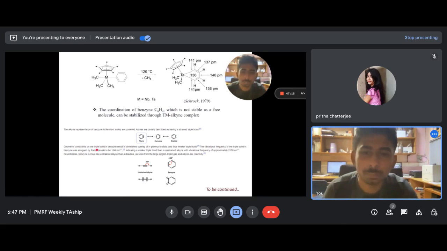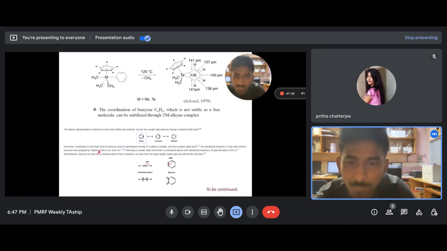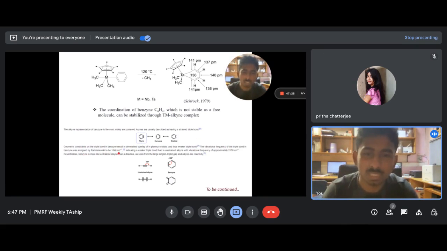Geometric constraints on the triple bond in benzyne result in diminished overlap of in-plane pi orbitals, thus a weaker triple bond. The vibrational frequency of the triple bond in benzyne was assigned by a famous scientist to be 1846 centimeter inverse. That is indicating a weaker triple bond than in an unstrained alkyne, with vibrational frequency approximately in the range 2150 centimeter inverse.